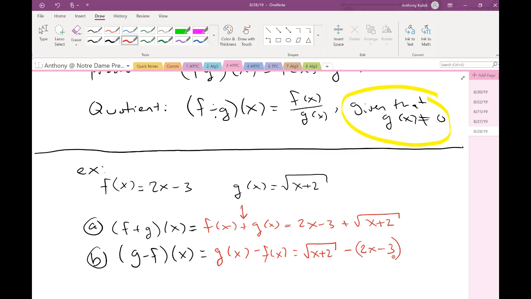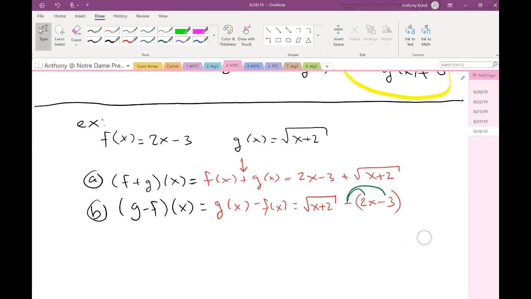When we make that substitution, we need to make sure we include a parenthesis around, especially the second term, because our first step to simplify would be to distribute that negative. And then, is there anything else we can do? No. So we'd be done at that point.